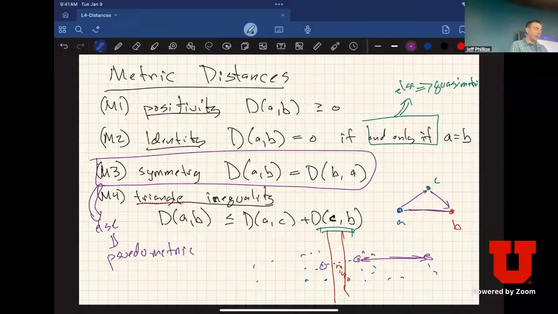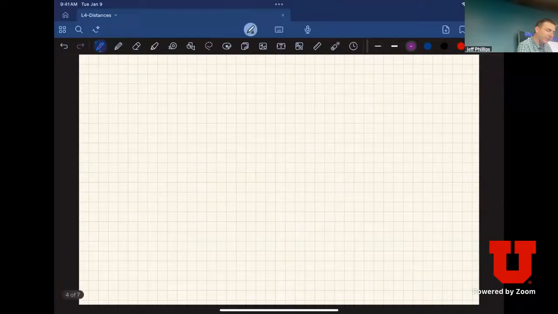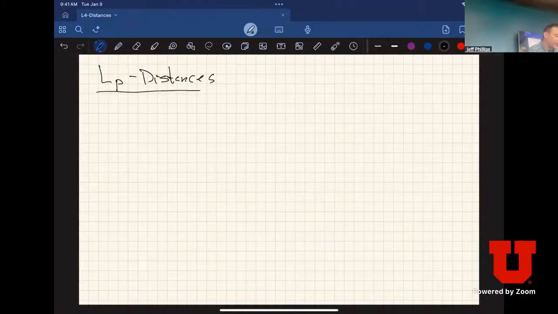Okay, let's go to a class of distances that satisfy the metric property called the LP distances. And these are defined generally as follows.